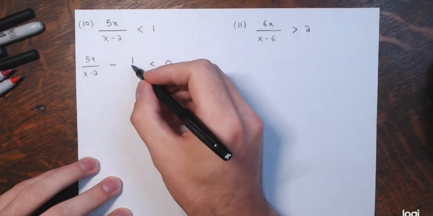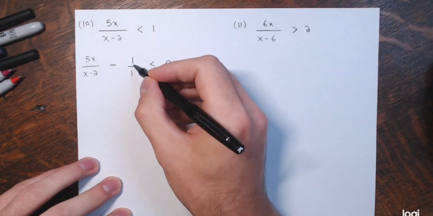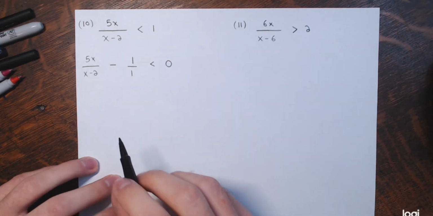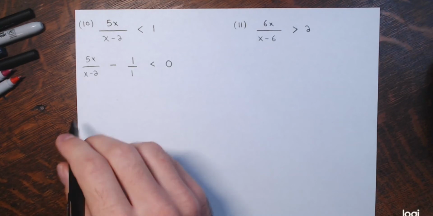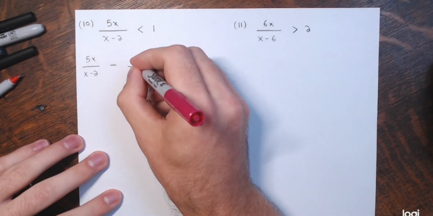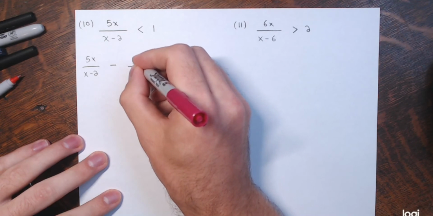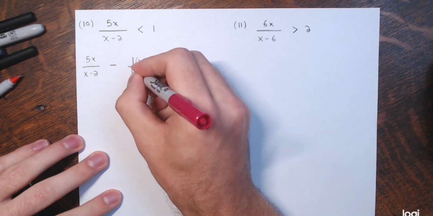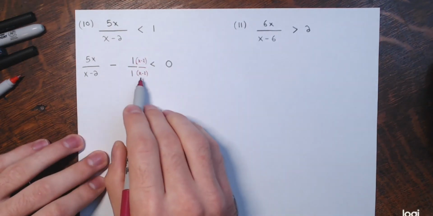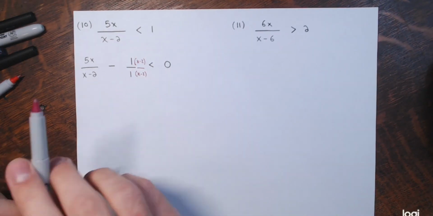Now 1 is the same as 1 over 1, right? And I want a common denominator because I'm subtracting, right? Adding, subtracting. So I need to multiply this by the quantity x minus 2. I need to put a factor of x minus 2 in the numerator and denominator. That way, both denominators are x minus 2.